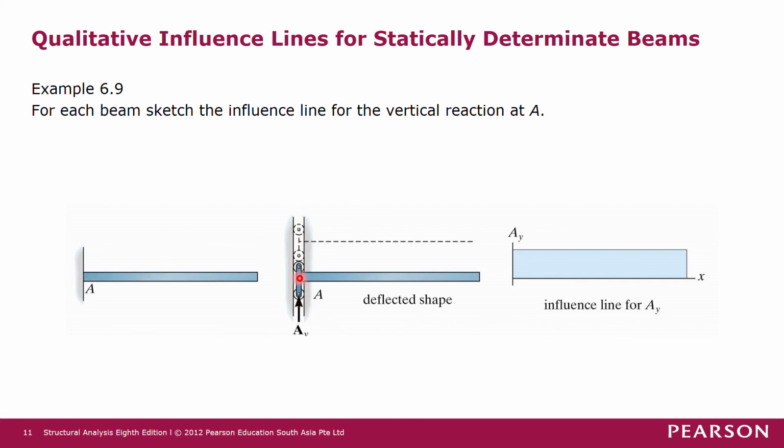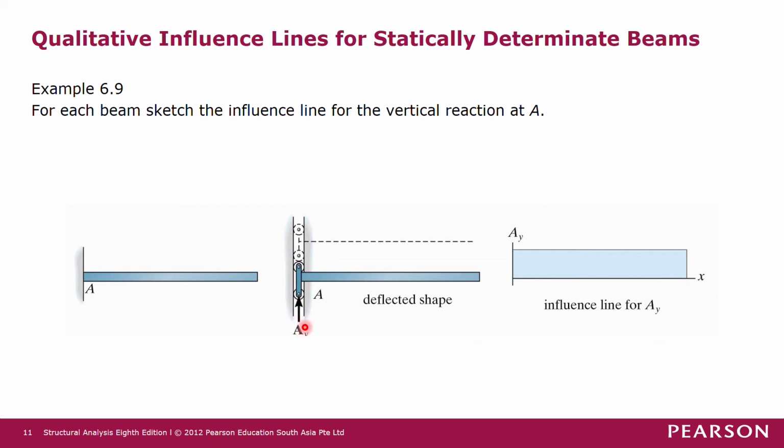But this beam initially has a fixed support, so we only release the vertical direction. The moment resistance is still there, so this bar cannot bend, because there is a moment of resistance. So this bar can only slide in the vertical direction.